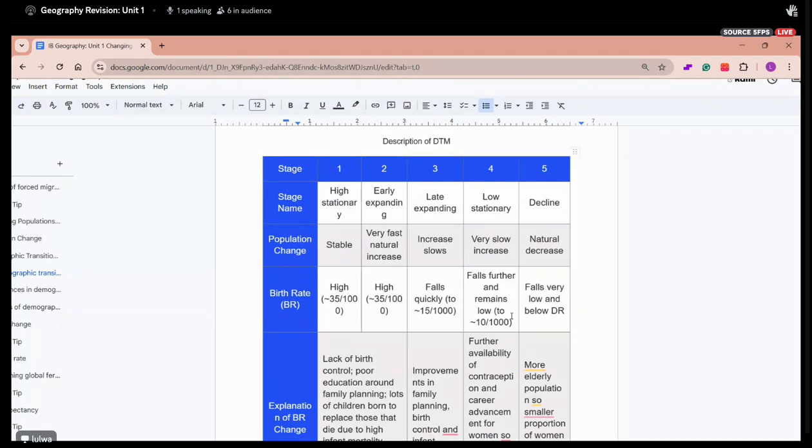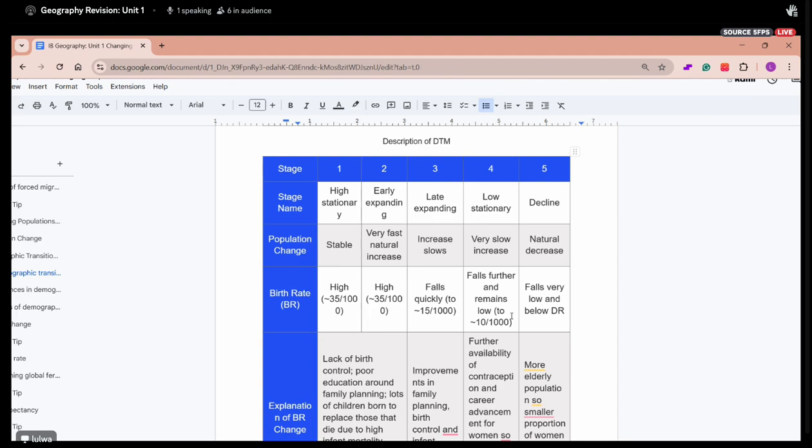So the first two are when the development of a country is at its earliest: high birth rates and very unstable population growth to maximize the carrying capacity of the certain area. And then 3 and 4 is when things start to slow and reach stability.